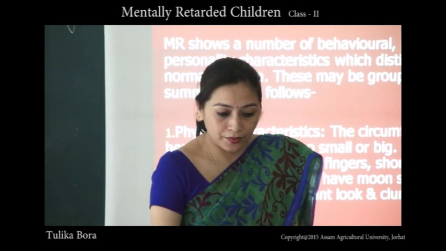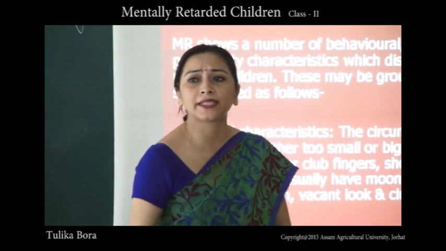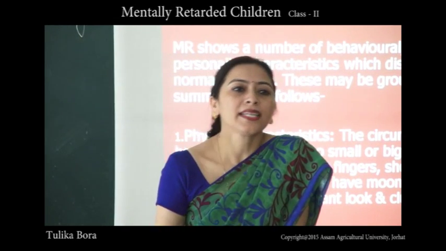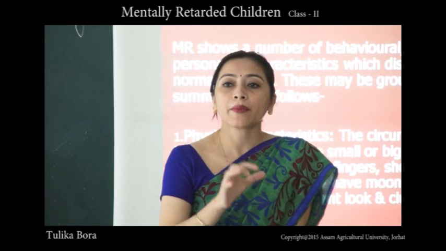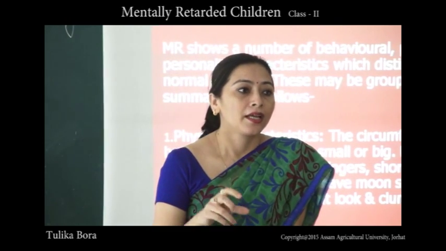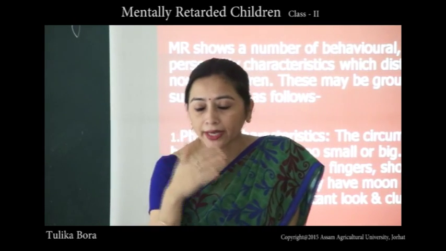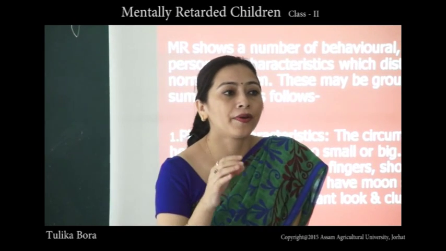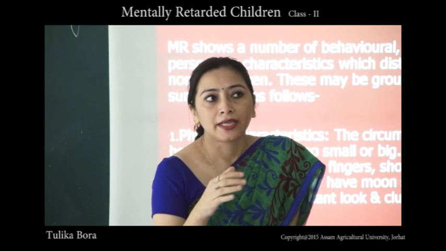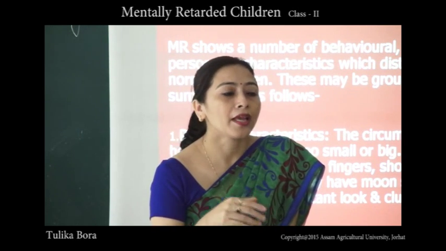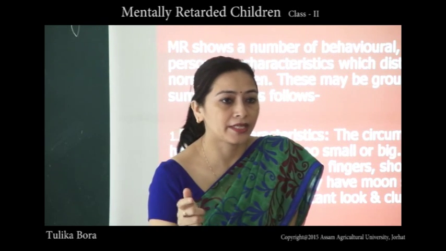So now let's see some of the characteristics. What are the characteristics? I will be speaking about some common characteristics. They are physical characteristics. By looking at a child with MR, you can distinguish that the child may be having some mental retardation.